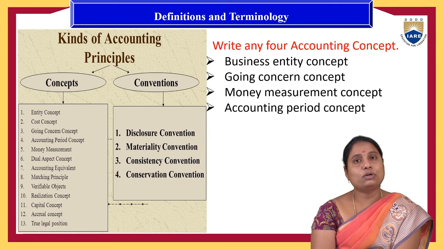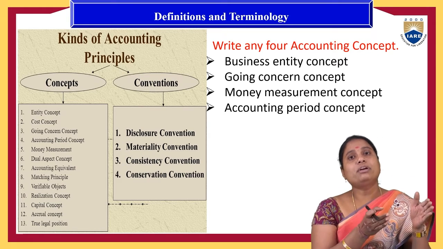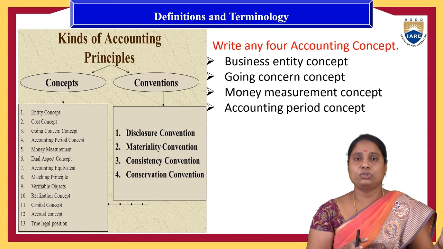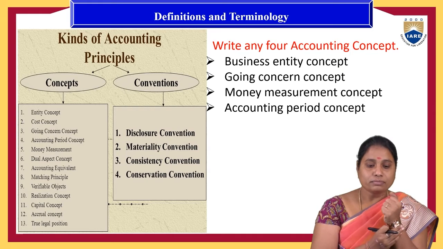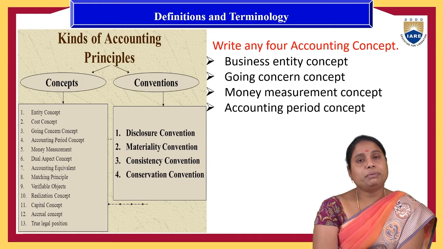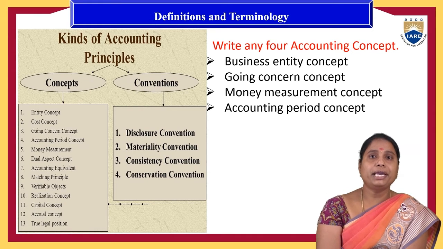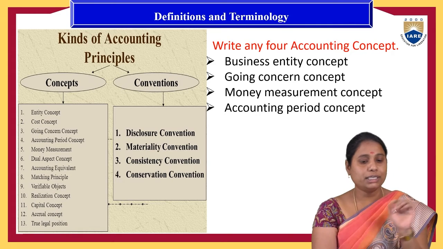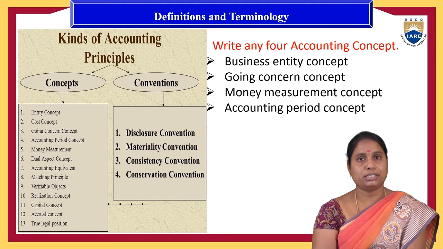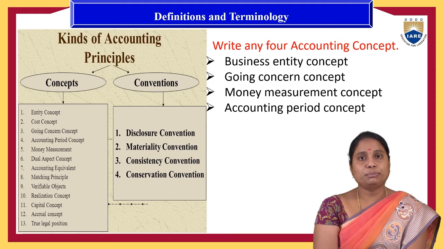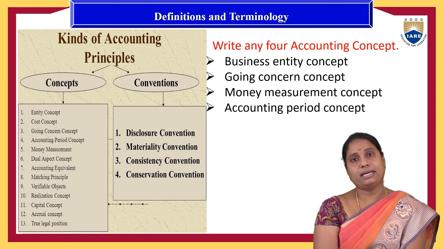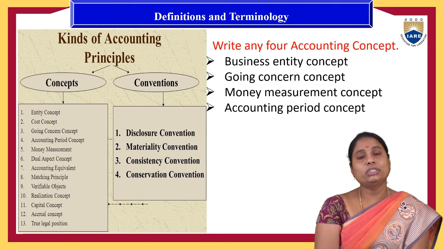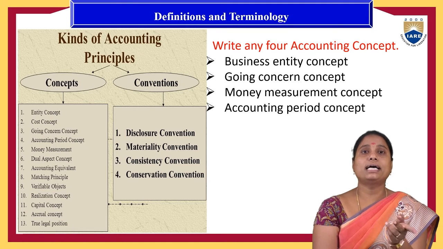And accounting period concept: the time period from transactions starting and ending, that is April 1st to March 31st. And money measurement concept: everything should be in money measurements, that is quantitative only, qualitative they should not take into consideration. And it should be a dual aspect, one is adding and one is subtracting, that is credit and debit.